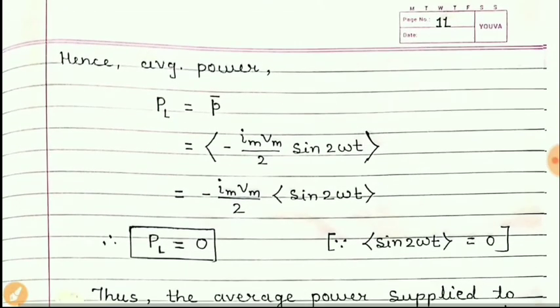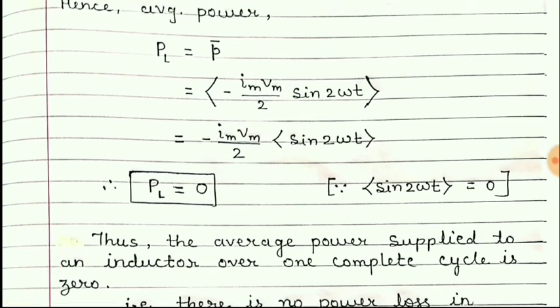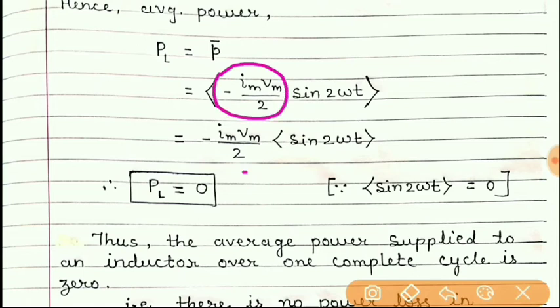So we have taken the average. And when we take the average, the constant values are taken out. So when the constant values are taken out, what remains? Simply the average of this term.